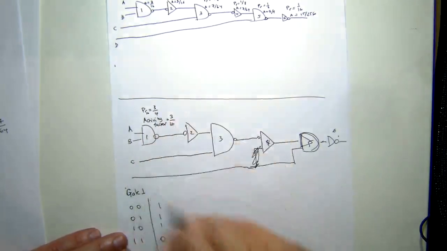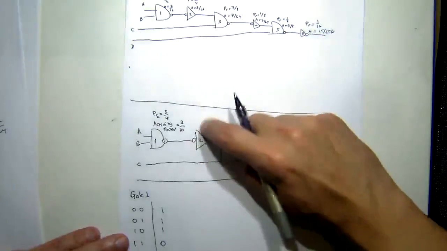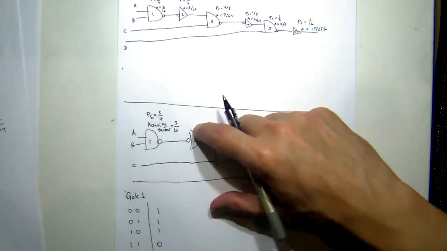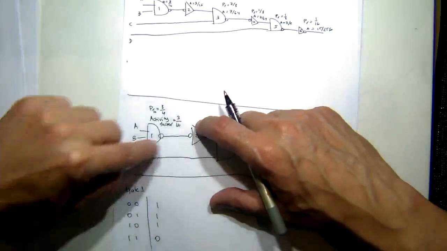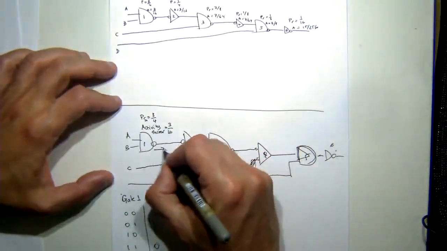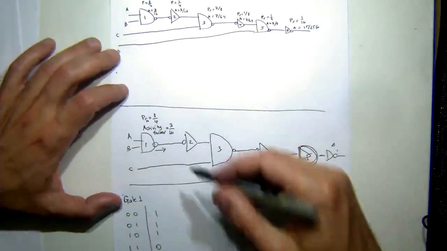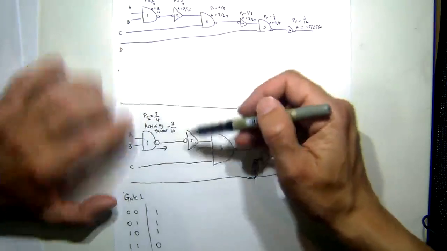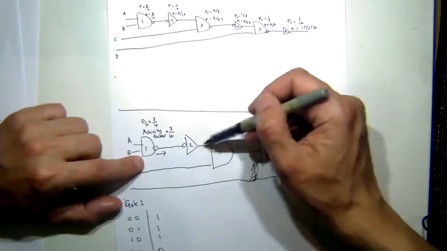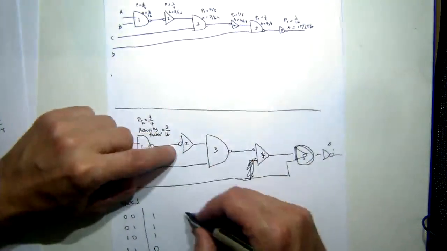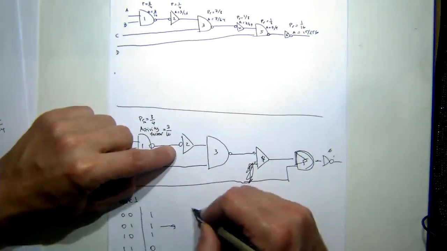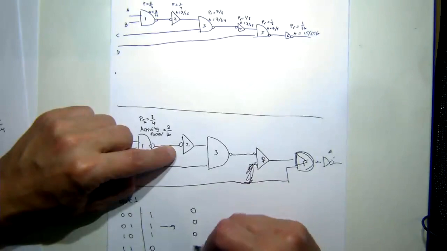Okay, let's do the next one. What do I do here? I've got to look at the output from this one. I've got the output from here, and I'm inverting it, so this is acting as a buffer. If I'm inverting this, it'll go 0, 0, 0, 1.